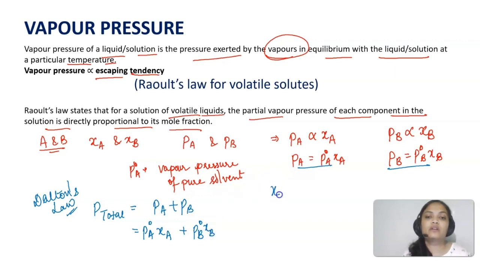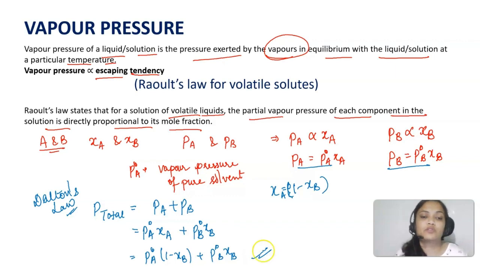Now I can put XA equal to 1 minus XB, so you can put it in the form of any one. So I can write it here: P naught A minus P naught A XB plus P naught B XB.